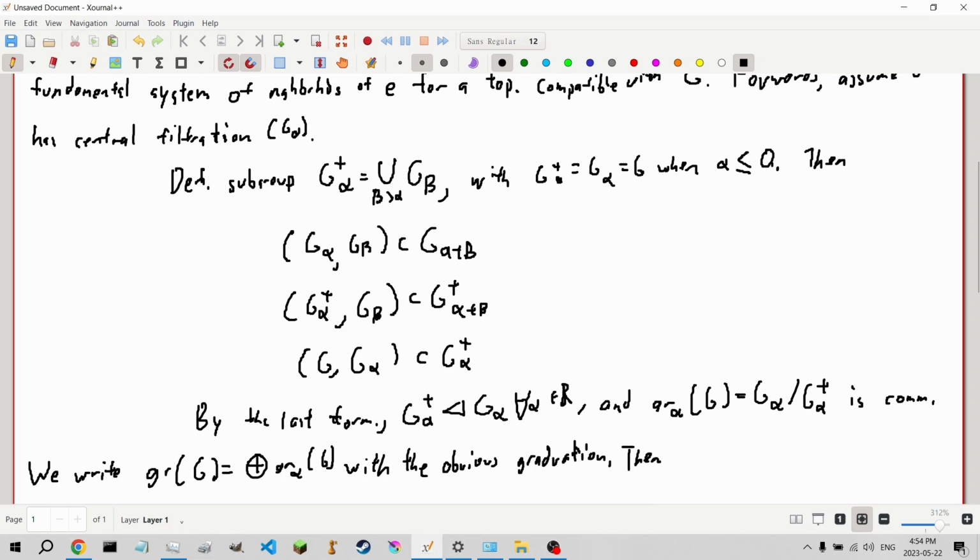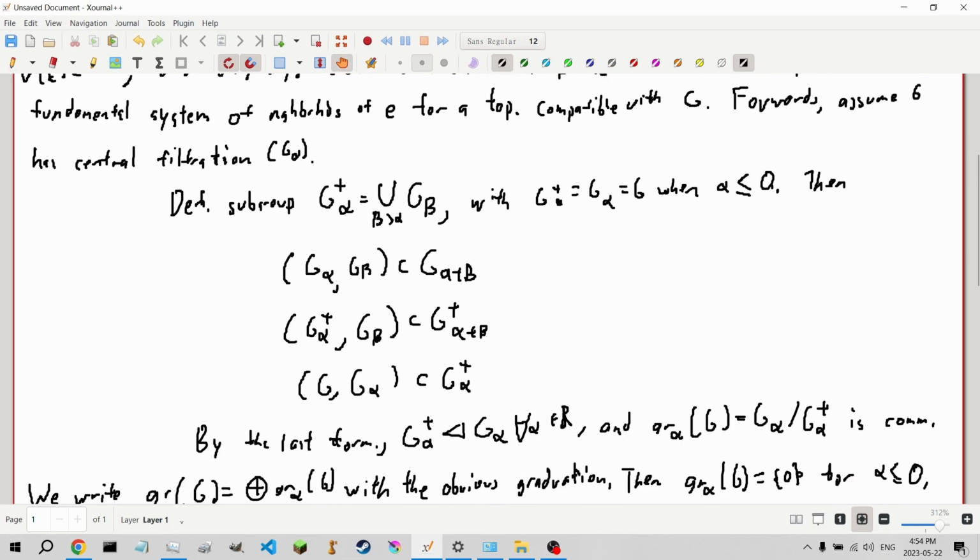And then the alpha grade of G is 0 for non-positive grade. And they go over again that we can give this a Lie algebra structure in much the way we did before, so I guess this was mostly review.